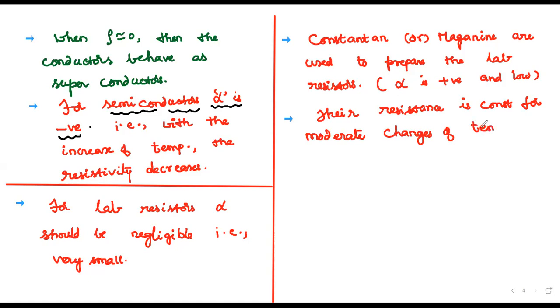At high temperatures, no one can stop the resistance from increasing. But at moderate temperatures, while doing experiments in the lab, the temperatures won't be increased very high. We only see moderate changes of temperature, and at that time the resistance should be constant in the lab. So we prepare the lab resistors with constantan or manganin.